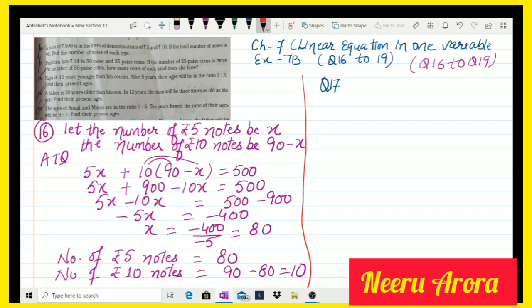In the previous sum it was in the form of rupees 5 and 10, but now it is in the form of 50 paisa and 25 paisa coins. If the number of 25 paisa coins is twice the number of 50 paisa coins. This is a very important condition.